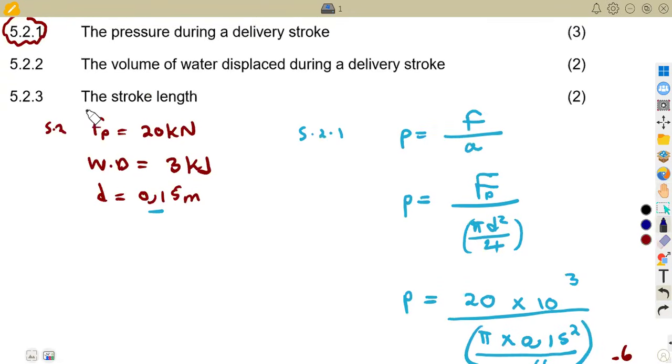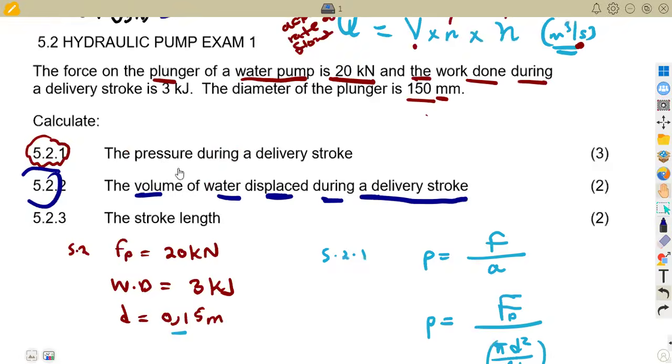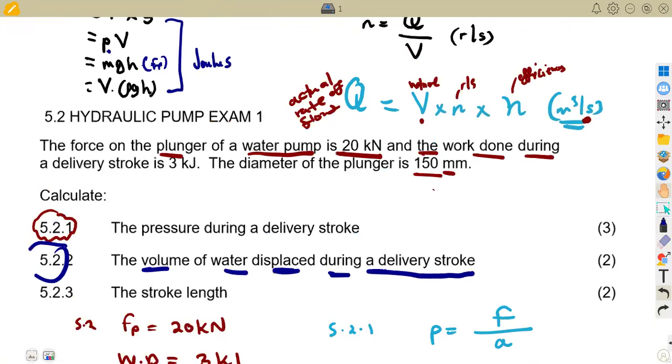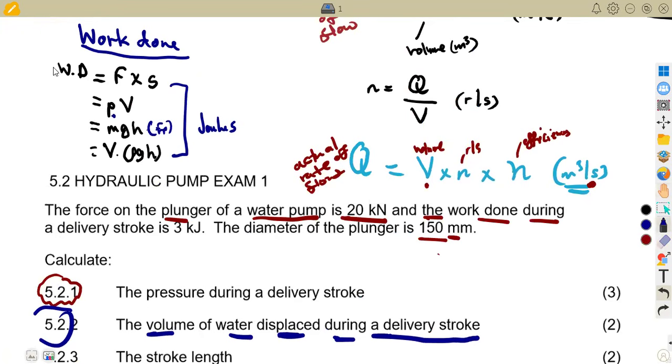All right. 5.22, the volume of water displaced during a delivery stroke. Since we have pressure and work done, we can calculate the volume because there's a formula here. Especially for work done, please do by all means know these formulas by heart, as long as you're dealing with a pump, and also the ones for the flow rate.